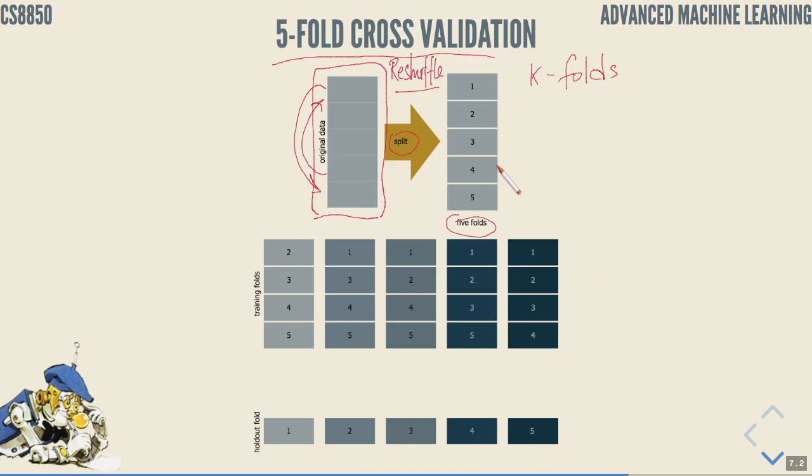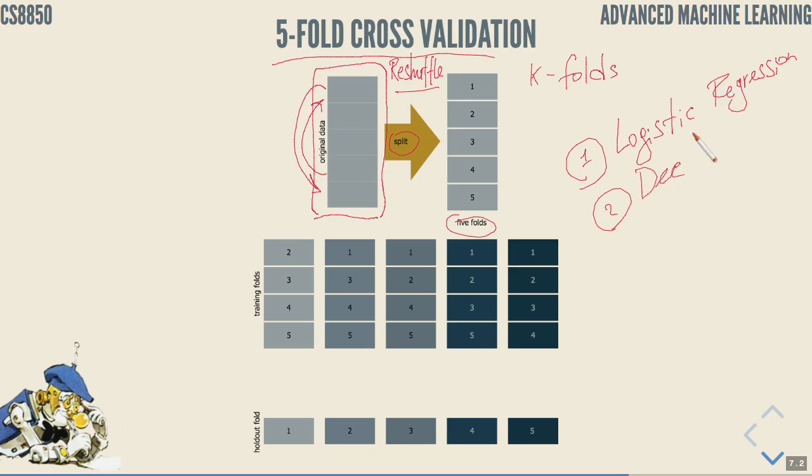So after splitting our dataset, the complete dataset available for us for training, imagine our goal is to select a better model out of the two. One model will be logistic regression, just to give you a concrete example. And another model will be a decision tree.